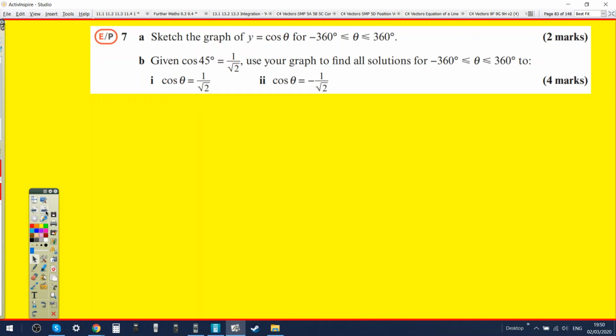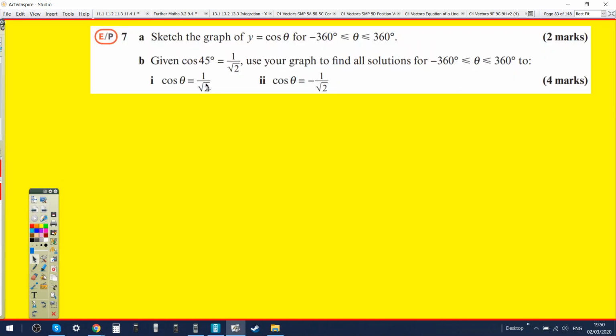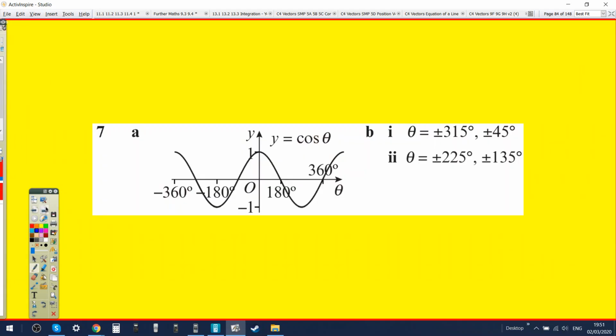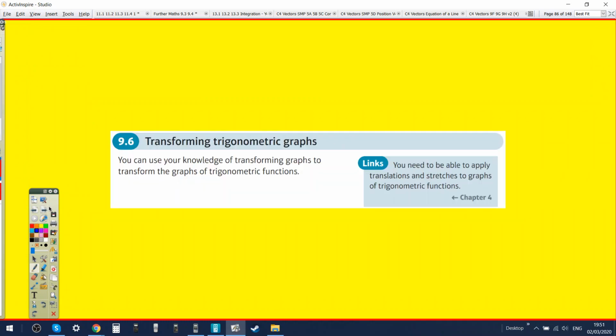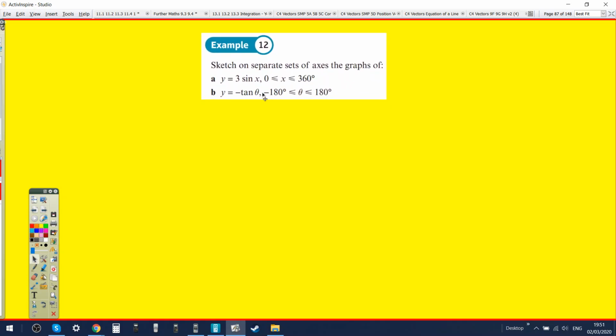I think I would use cos theta. So that's whenever what x coordinates have a y coordinate of 1 over root 2. You're solving equations for that. So this one should be good.